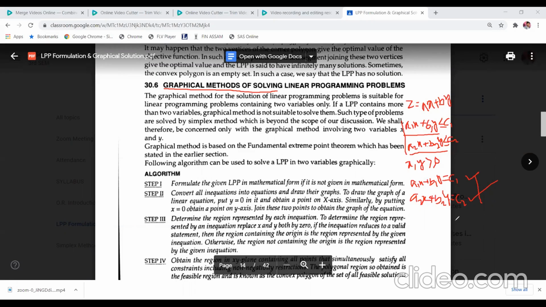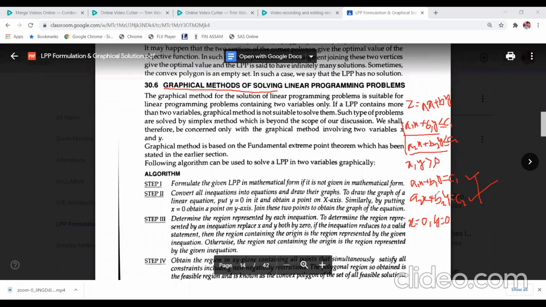In order to find the region, what do you need to do? Put x equal to 0 and y equal to 0 together in each inequation. Try to understand.